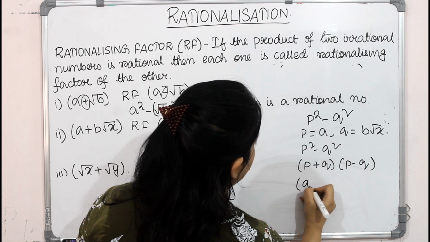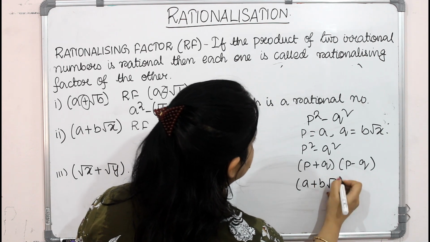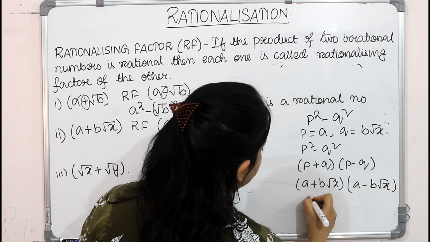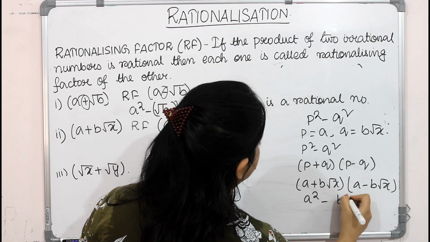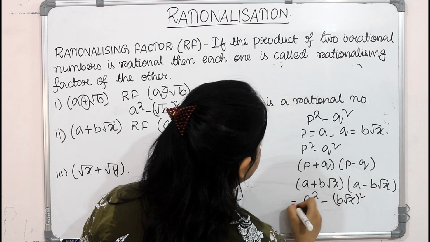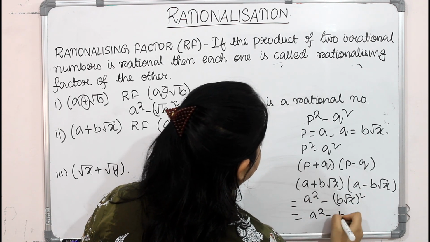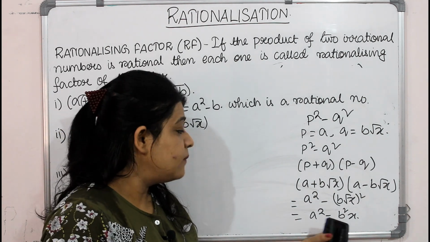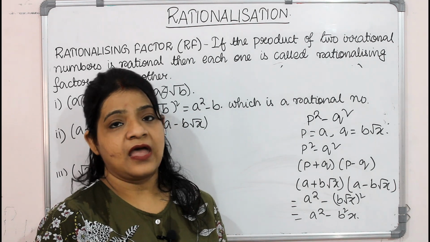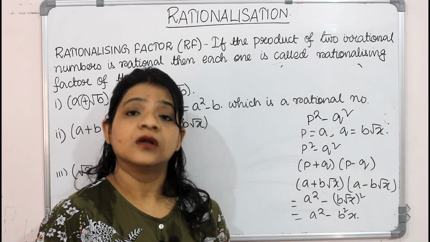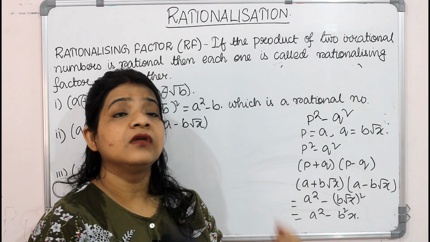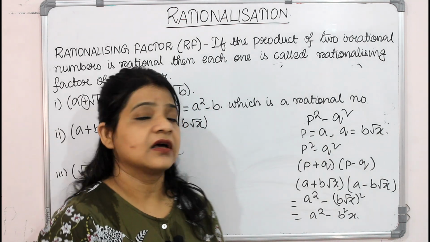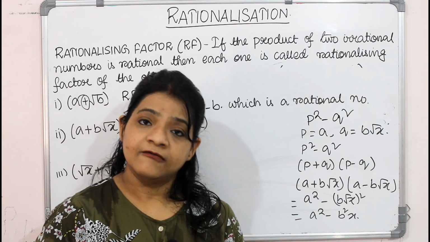So p is a plus b root x, q is b root x, into a minus b root x. So ultimately we will be getting a square minus b root x whole square, that is a square minus b square x, isn't it? So a square is a rational number, b square is also a rational number, x is also a rational number. So in this way you get rid of the roots, square root, by using the concept of rationalizing factor.